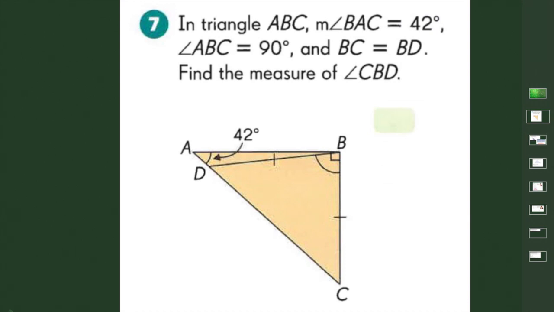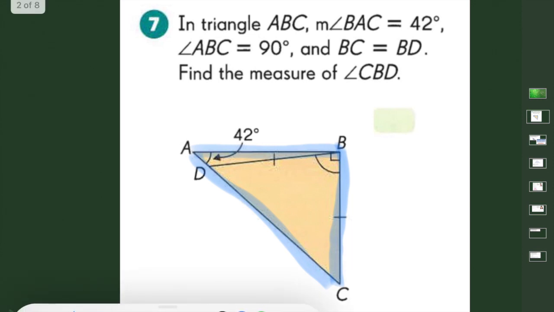All right, so let's look at what we know in this problem to start with. So we know that in triangle ABC, that is ABC, the big triangle in blue, the measure of angle BAC is 42 degrees.